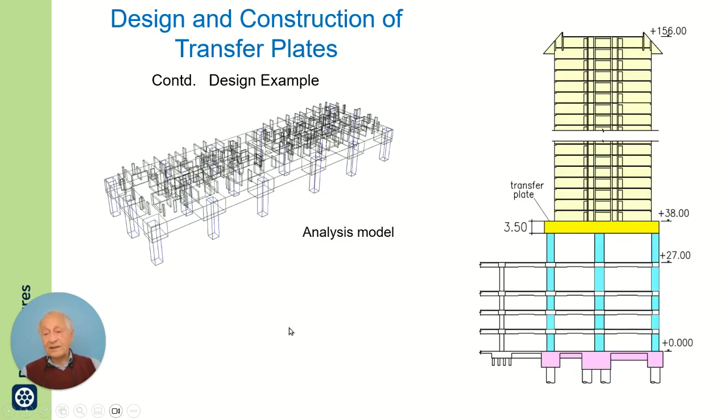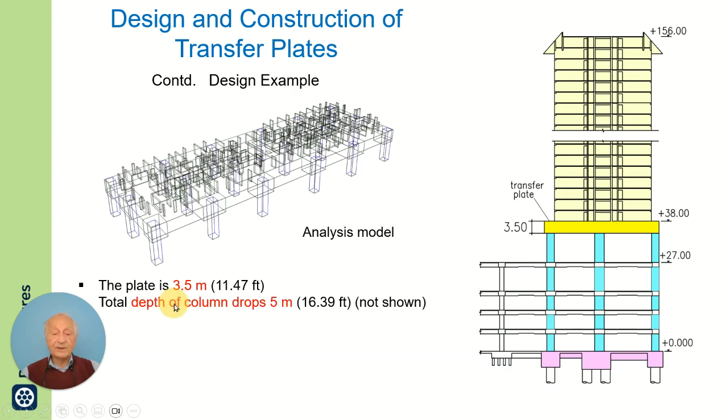Now let us look at a design example. This is the project we dealt with in Macau. It shows the transfer plate at 3.5 meters and the analysis model used. The plate is 3.5 meters thick. Column drops are 5 meters, pretty large column drops.